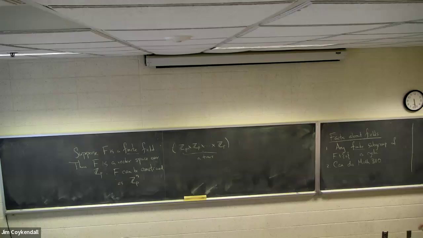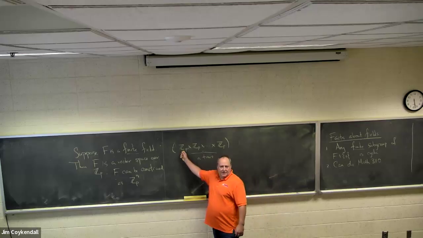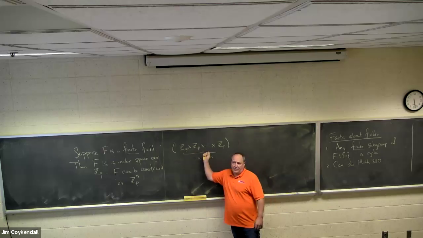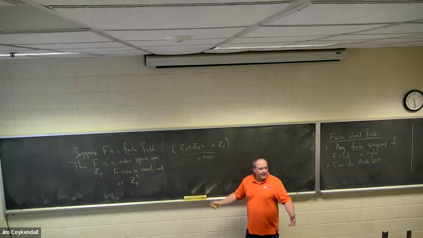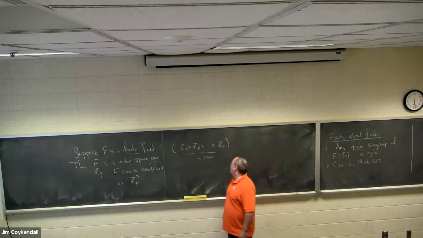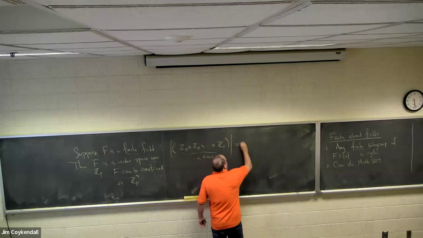How many ways are there to make an n-tuple? Well, how many choices do I have to put here? There's p of them, right? And p forever. So if I'm making p choices in every slot, I've got n slots. How many choices can I make? The order of this set of elements is p^n.